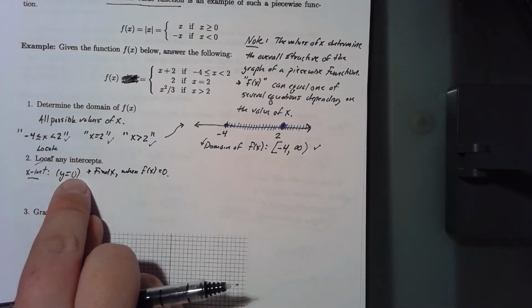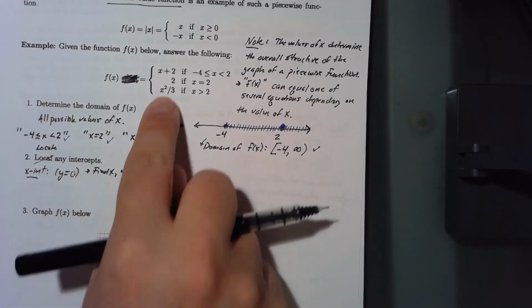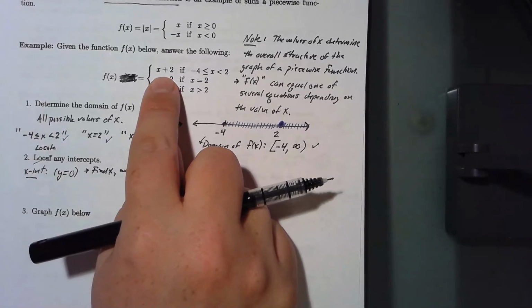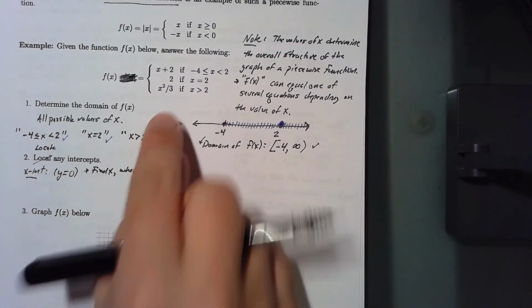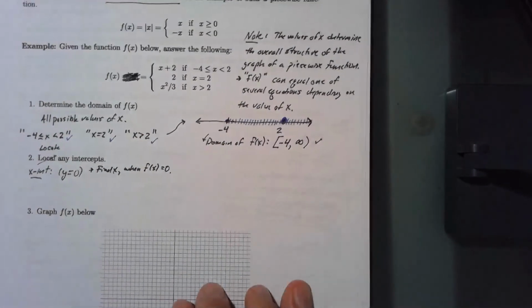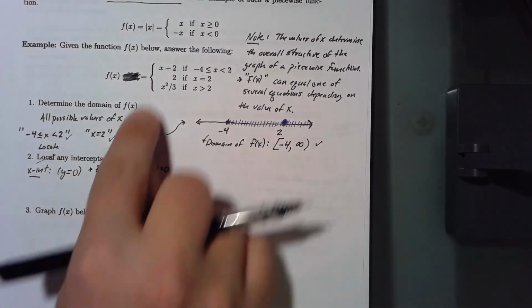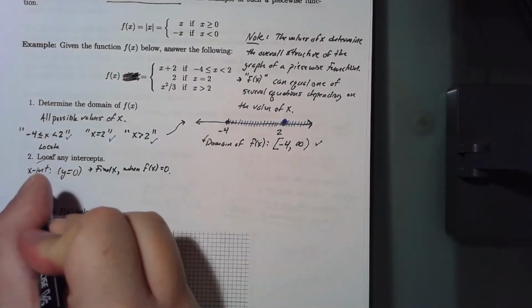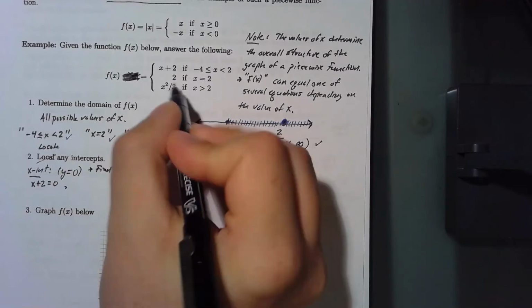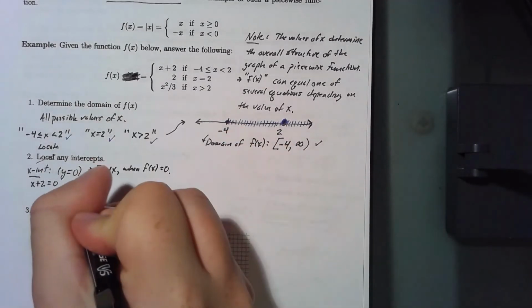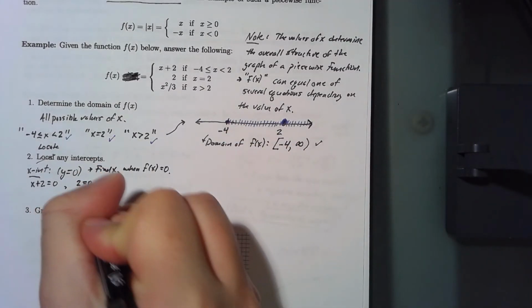That's what the x-intercept is. Well, I don't know which one I'm going to set it to, so I'm going to set all three of them and just go with it. I'm going to set x plus 2 equal to 0, 2 equal to 0, and x divided by 3 equal to 0.